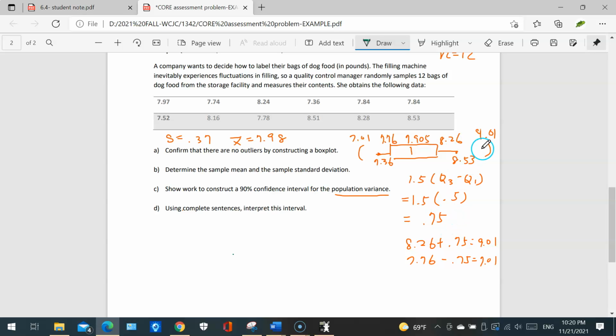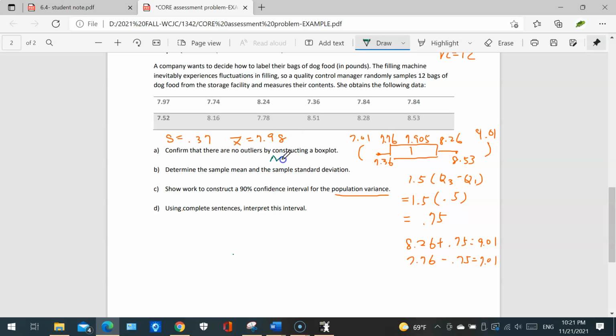So if I use Q3 and add 0.75, that would be the upper bound, so any data greater than 9.01, we count as an outlier. When I use Q1 and subtract 0.75, it will give the lower bound. So any data outside the lower bound, we count as an outlier. Unfortunately, if you look at the data here, we don't see any data outside of the upper bound or lower bound. They're inside. So no outlier for this question.